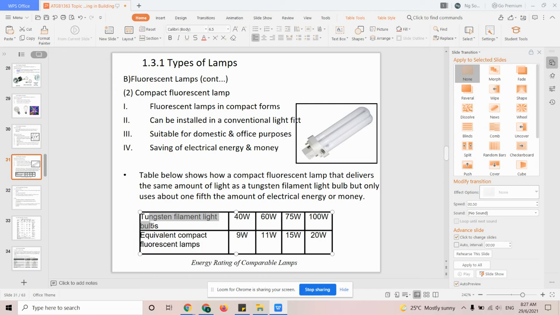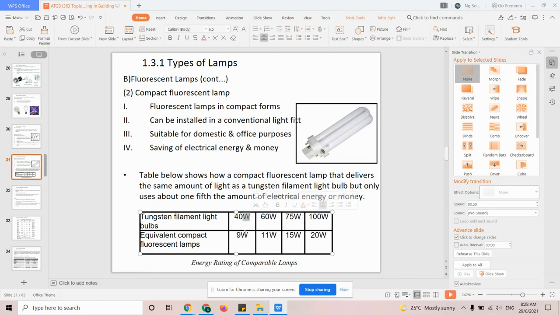In the case of tungsten filament, we run electricity through a material to heat it up at a very, very high temperature to produce the light. If you use an equivalent fluorescent lamp, it only costs about 9 watt as opposed to 40 watt.